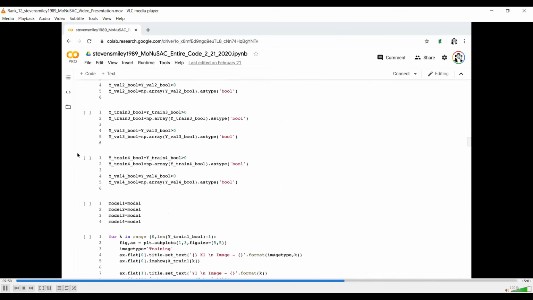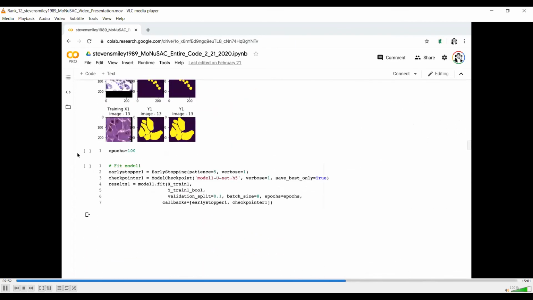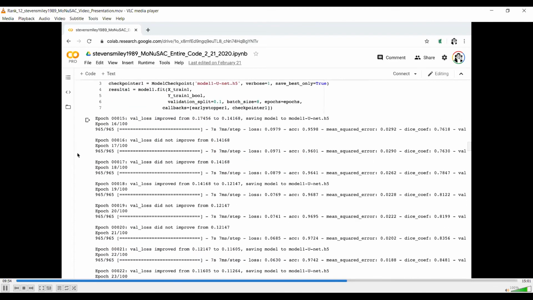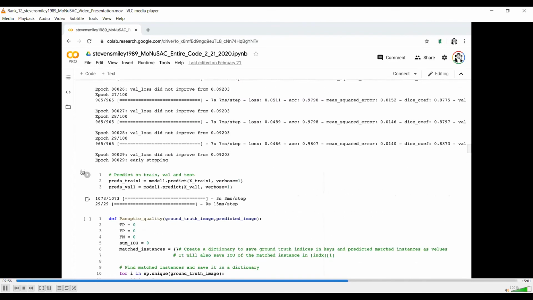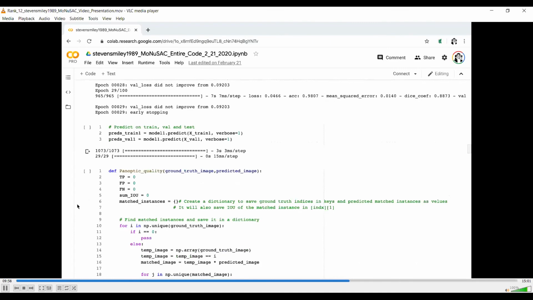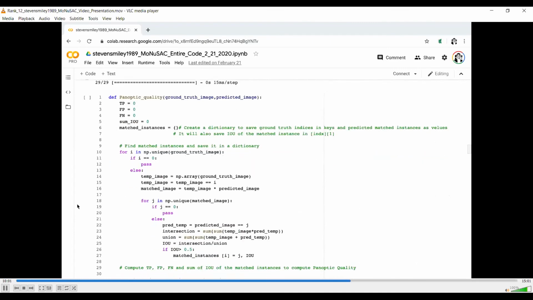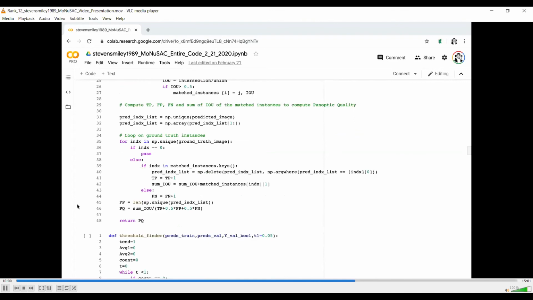And I was going to use a function to optimize a threshold based on the panoptic quality. The panoptic quality was the metric used in this competition to evaluate how good our algorithms, or really models, were.